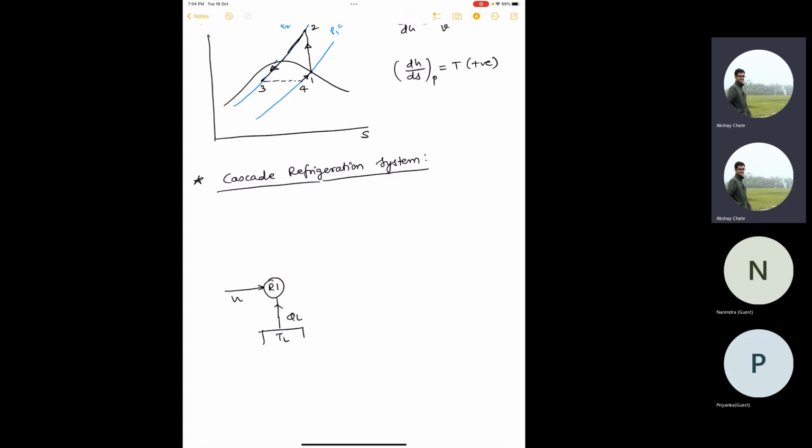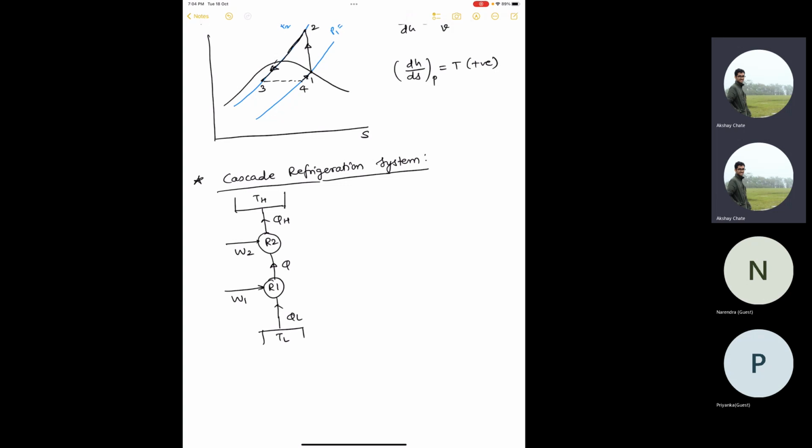Then you give some work input to it, and then it has to reject the heat, so let's say it is Q. But that heat acts as an input to refrigerator 2, which again takes some external work and rejects it to QH, which is your higher temperature heat source. So these types of systems also exist. You can put multiple refrigerators in series, so there is no limit of 2, but we take 2 just for our ease.